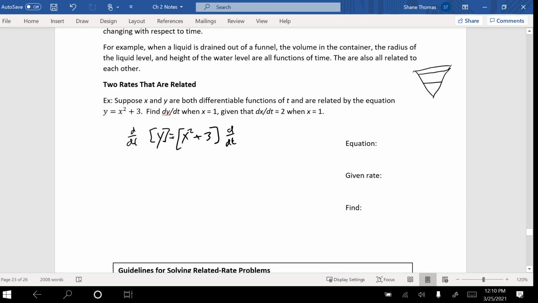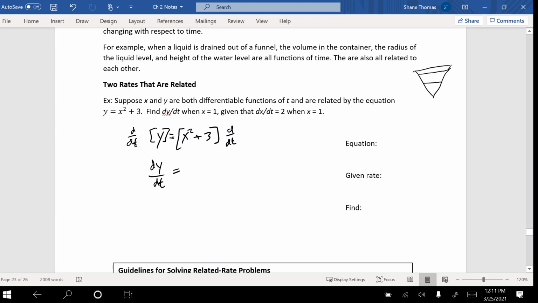All right, so left side, well, that's a y, so I'm going to have dy dt. Derivative of y is just dy dt. Usually it was dy dx, now we just have t. All right, on the other side, looks like what, 2x?